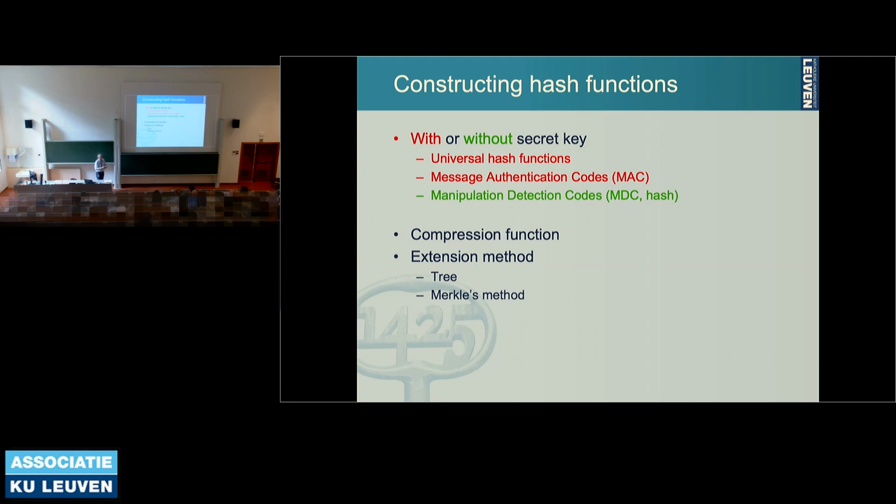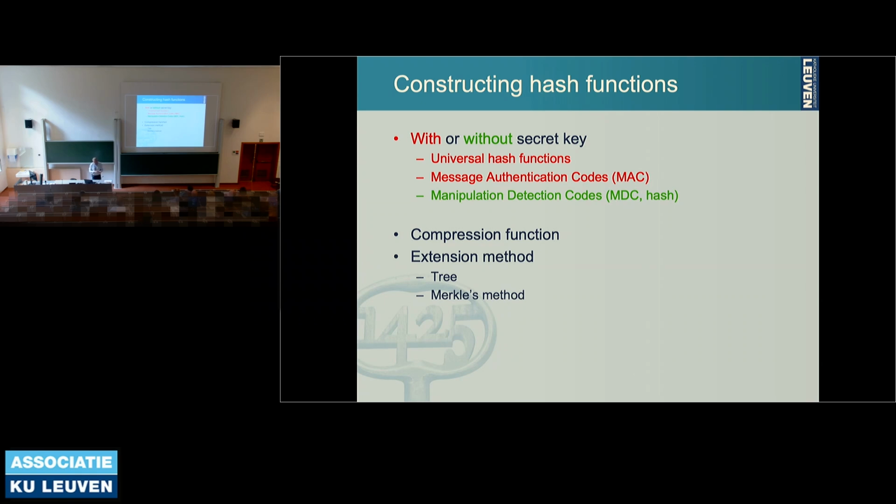For instance, it can take inputs of 1,000 bits and produce outputs of 500 bits. And then there is an extension method, a mode of operation, if you want, that says now, given a message of any size, how often and in what way do you need to call the compression function in order to get your fixed size output?